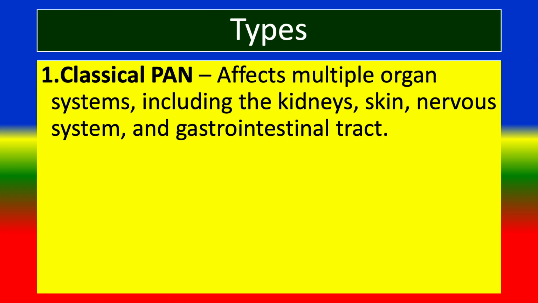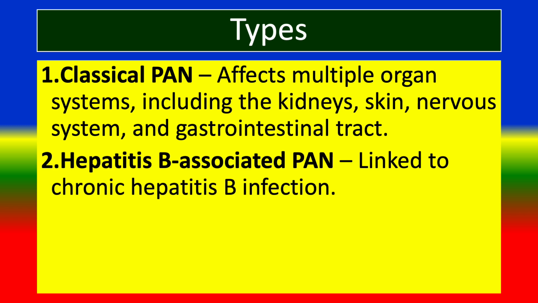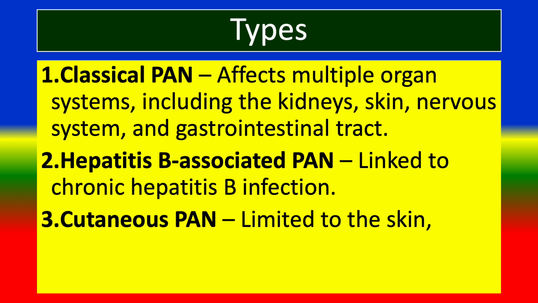Types. 1. Classical PAN affects multiple organ systems including the kidneys, skin, nervous system, and gastrointestinal tract. 2. Hepatitis B associated PAN, linked to chronic hepatitis B infection. 3.